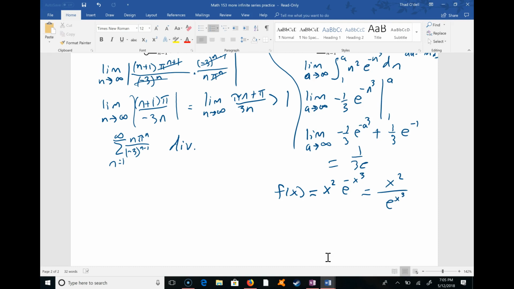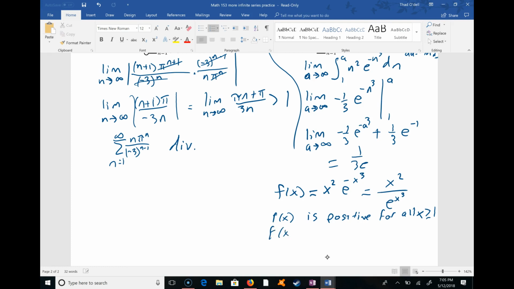Then I'd show that f of x is positive for all x greater than or equal to 1. We know that's true because e to any power is always positive and something squared is always positive.